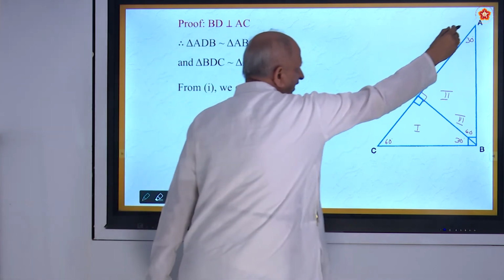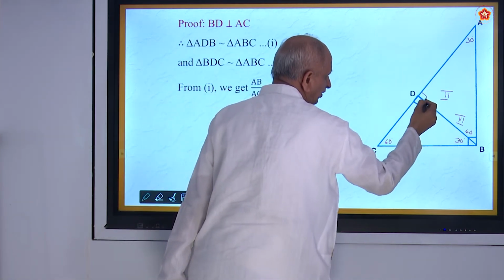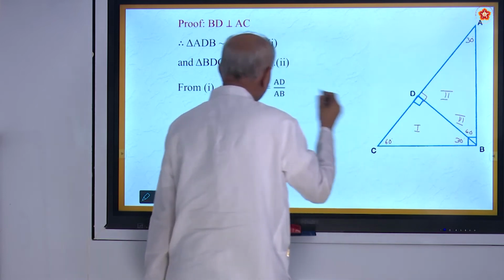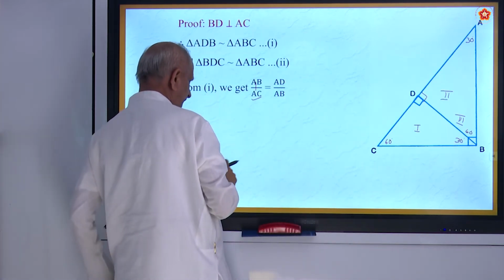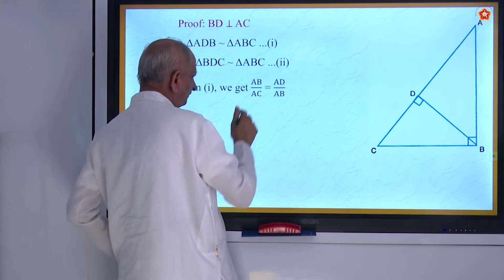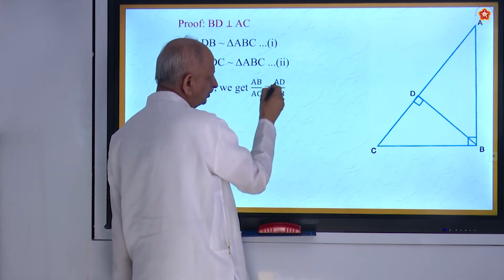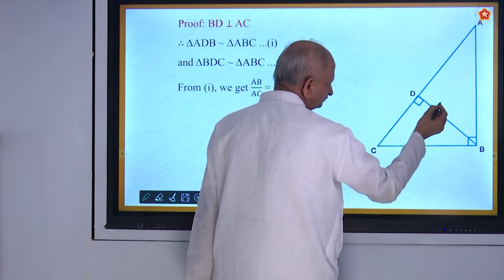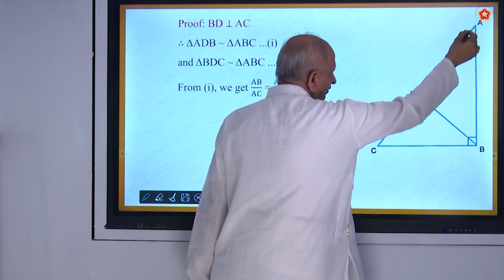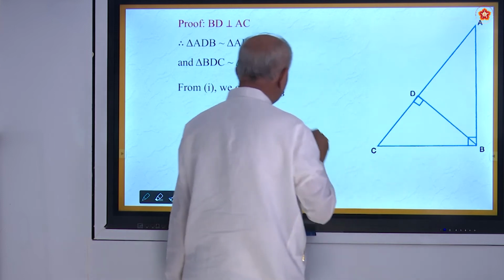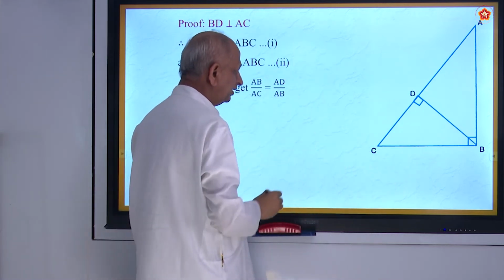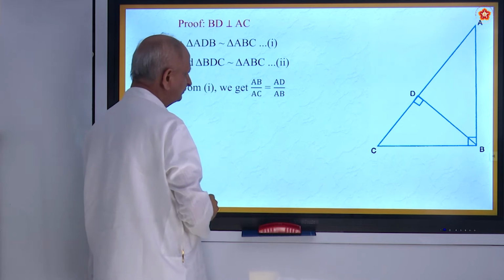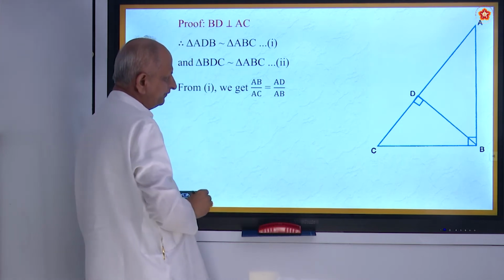And in this triangle, side opposite to this is AB. So AB by AC is equal to AD by AB. Already got AD. So that is the side opposite to this, equal to side opposite to the other one, we get AB. So that is the first result.